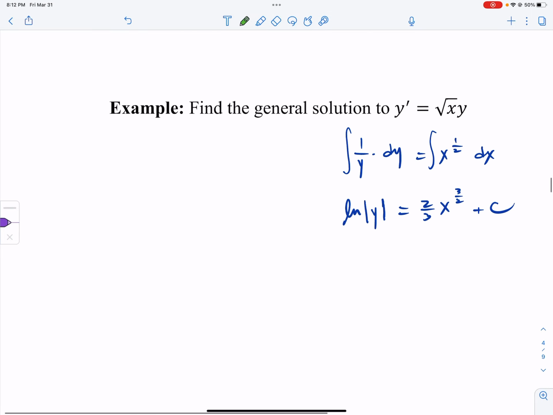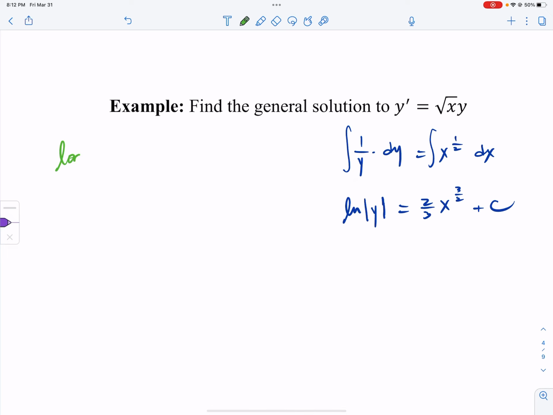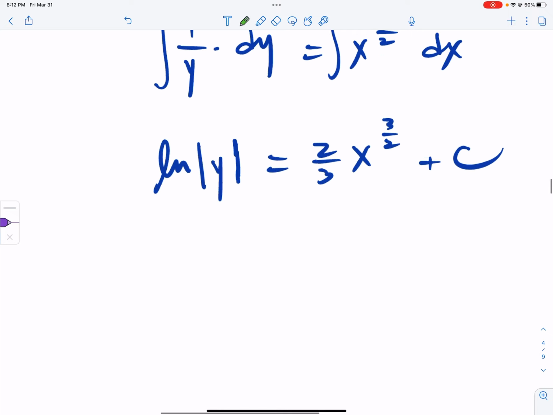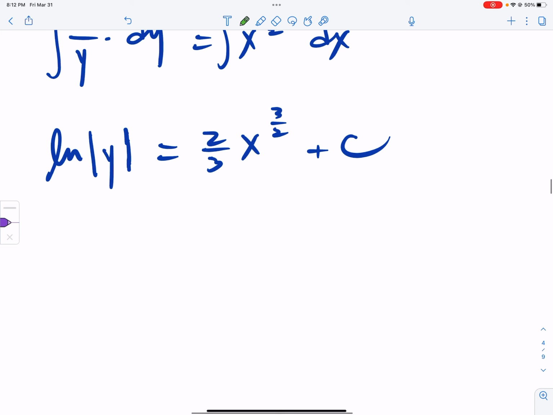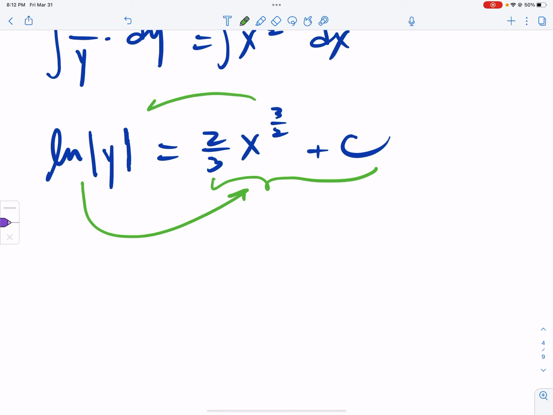Now remember, for logs, if you have log base b of x equals y, that can be rewritten in its equivalent exponential form, thinking b to the y power is equal to x. Okay, so doing the same thing here, natural log is base e, so e to this power is equal to absolute value of y.